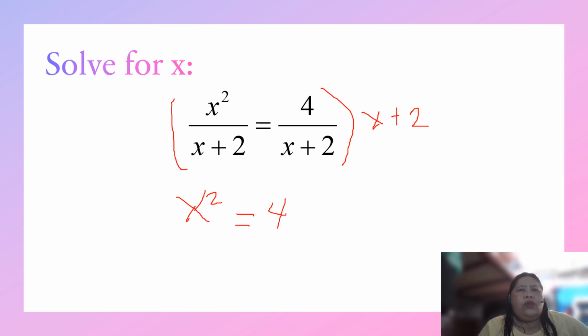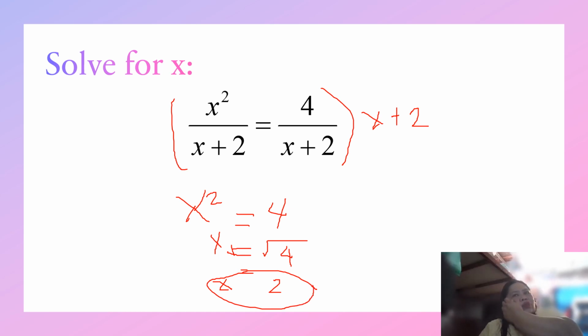What is the square root of 4? The square root of 4 is positive or negative 2. No, the square root of 4 is 2. Okay, so the value of x is 2.